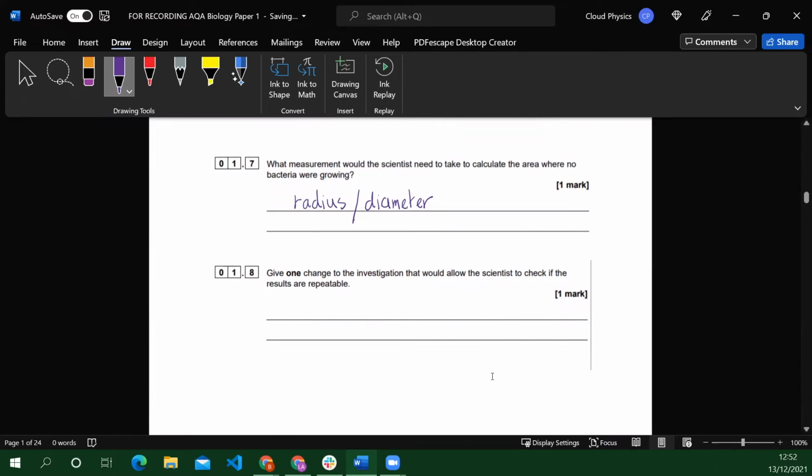If one change to the investigation would allow the scientist to check if the results are repeatable. This is a funny one.